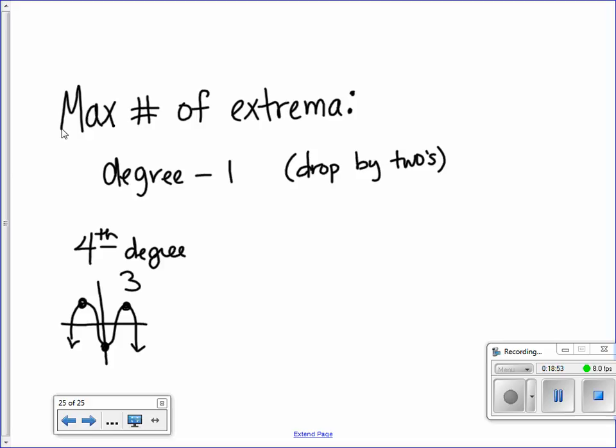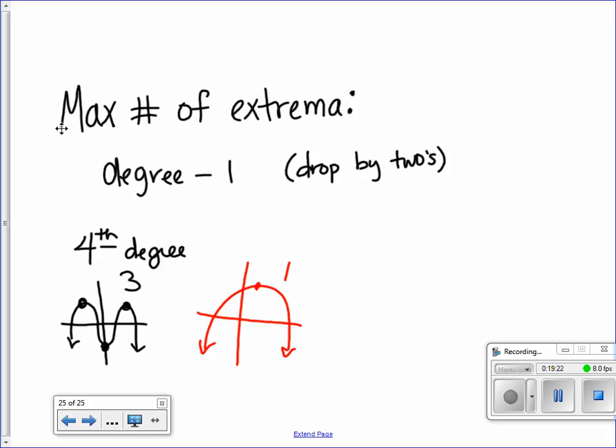It can have 3 extrema, or it can have 1. A 4th degree polynomial with 1 extrema. And I didn't do both of those negative on purpose. It just sort of happened that way. It does not have to be negative.